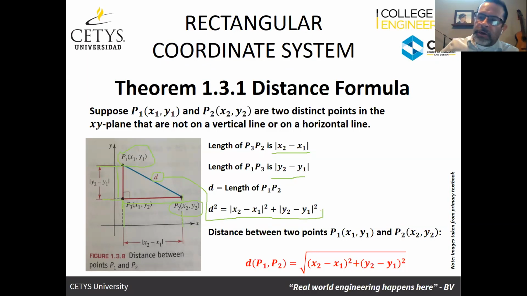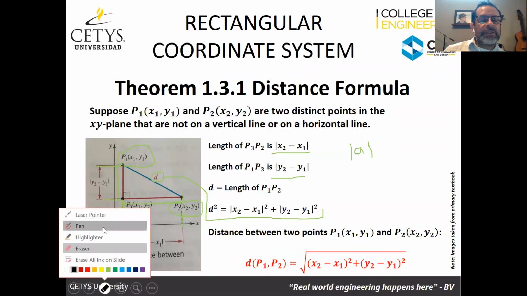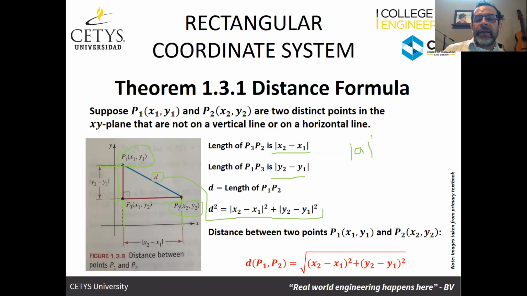Now, something that's curious, a property that we can apply for the absolute value, is that if I have the absolute value of A and I elevate this to the square, or any number, I'm going to represent it this way, I'm elevating this to any number n where n is even.